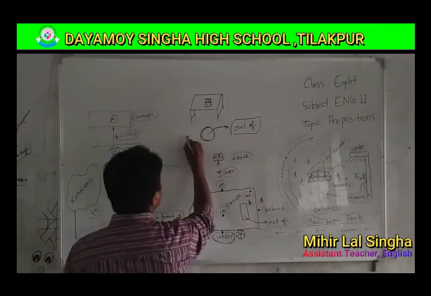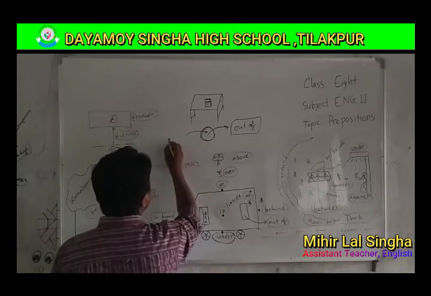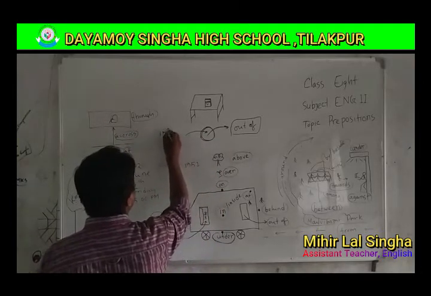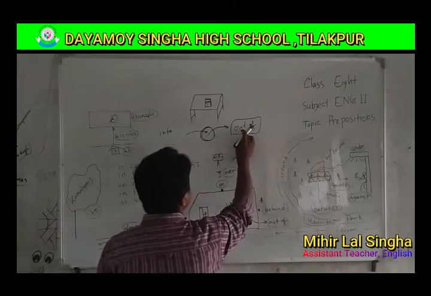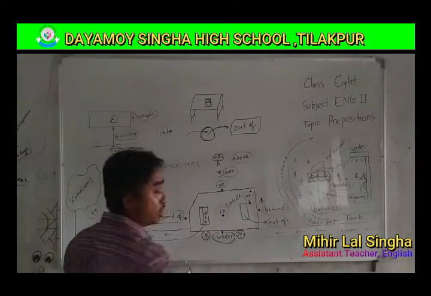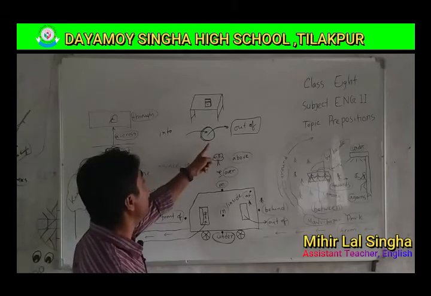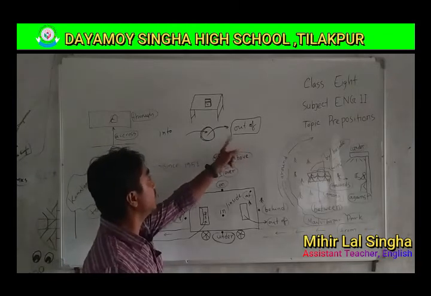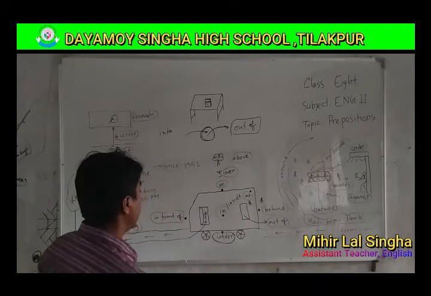So when something goes inside and there is a movement, what do we use? Into. And when something goes out of a certain area, we have to use out of. So they are correlated. Into, out of. So into is the inward movement, out of is the outward movement, okay. So there is a movement, remember that.